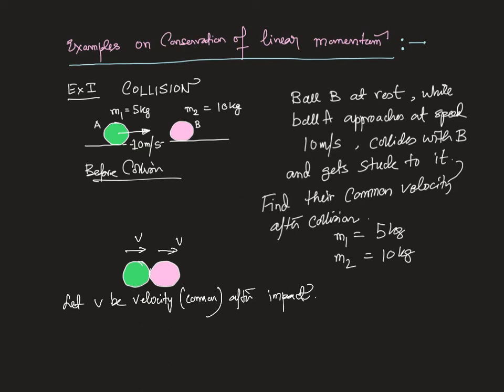As there is no external force on the system, whatever force acts is between the balls A and B. So there will be force between balls A and B. This is the force on A due to B, and here also you have the force on B due to A, but the net force is 0.